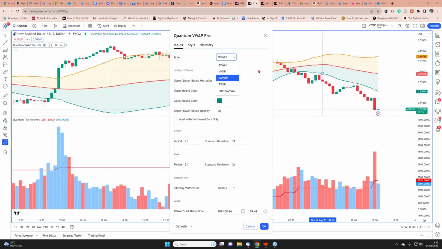So what are they? We've got the VWAP, which is the volume weighted average price. Now, volume weighted average price, the true version of the VWAP, starts at the new session. In other words, it resets. It's like a stop clock or a stopwatch. At every new session, it will reset and start counting again. That is the way the VWAP works. It's the way it's supposed to work.